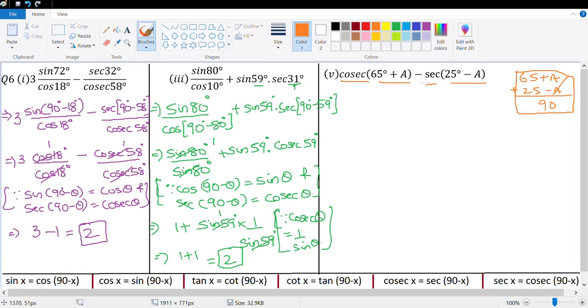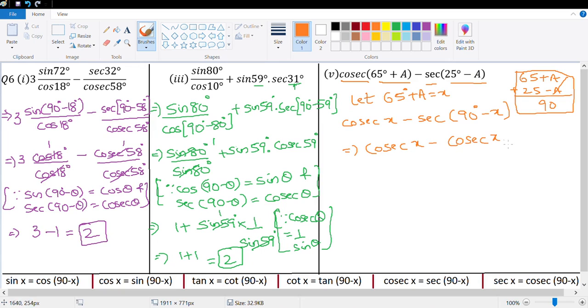look visually complementary. So let 65 degree plus A is equal to x, which means cosec x minus sec 25 degree minus A would be 90 degree minus x. Yes? Yeah, this will be the same, because this is nothing but 90 degree minus 65 plus A, which means cosec x minus cosec x.